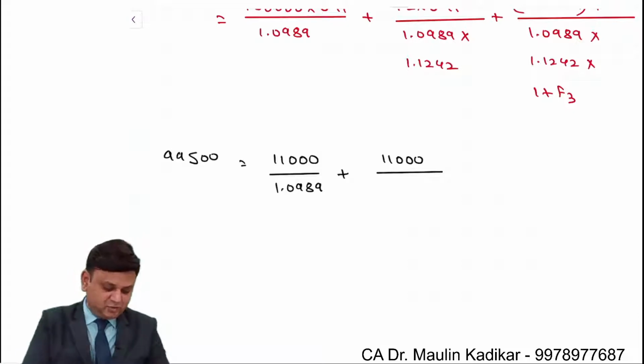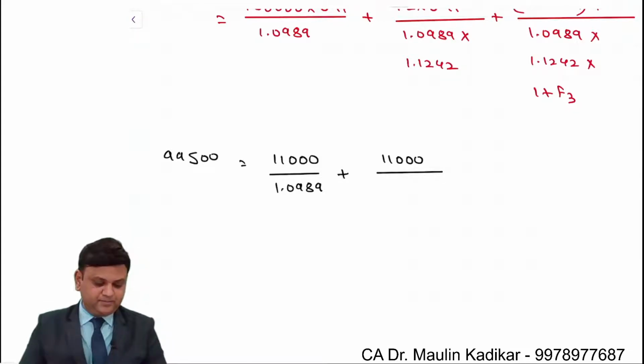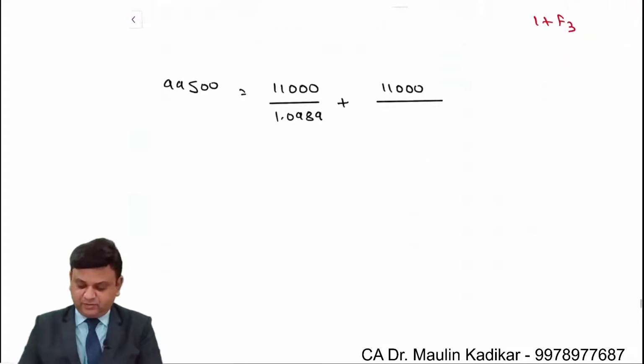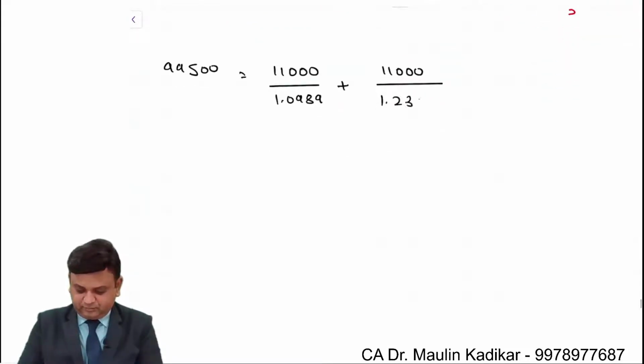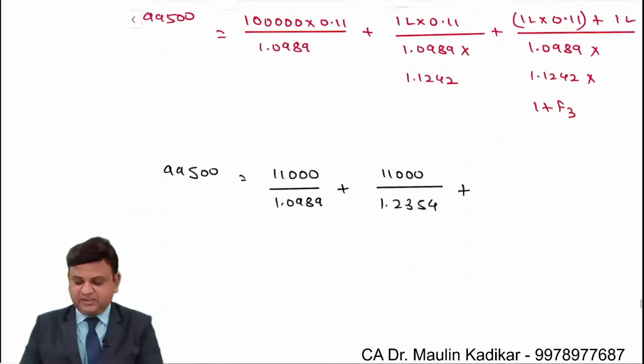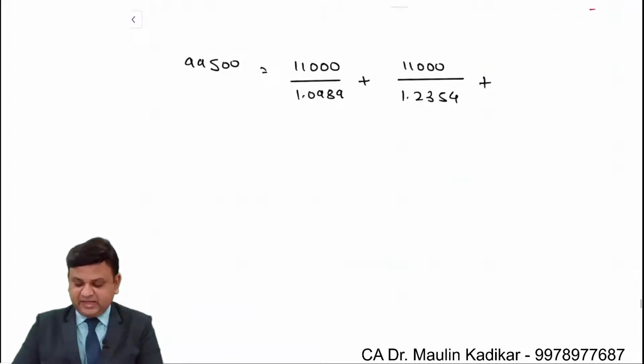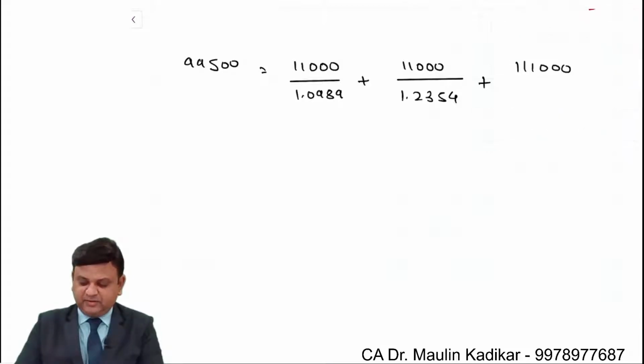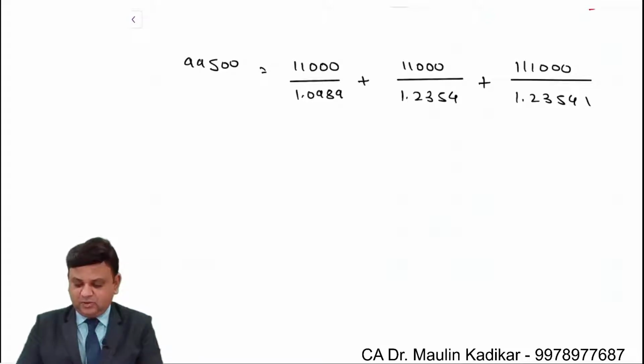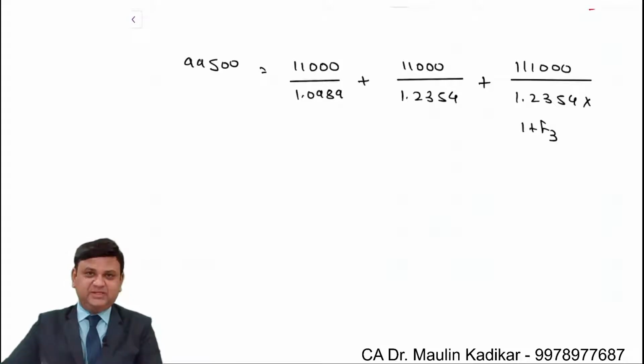In that case, 1.0989 into 1.1242 comes to 1.2354. Plus for the last year, 11,000 plus 1 lakh, so 1 lakh 11,000, whole divided by 1.2354 into 1 plus F3. That is the way F3 will be found as the balancing figure.